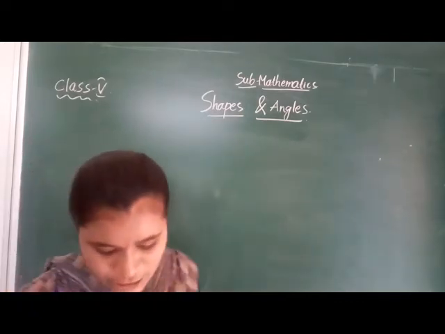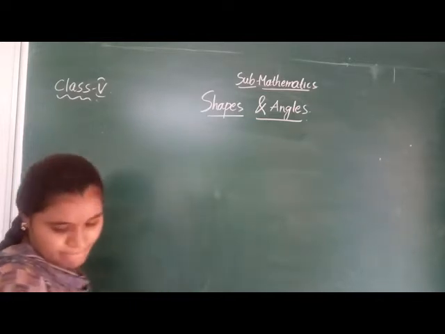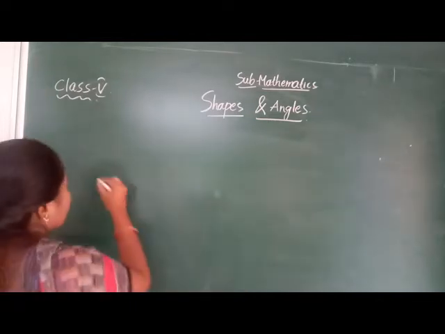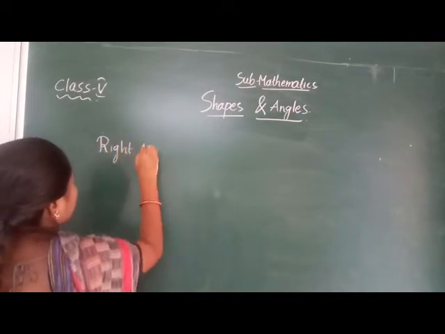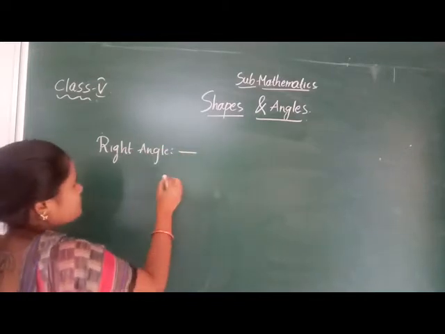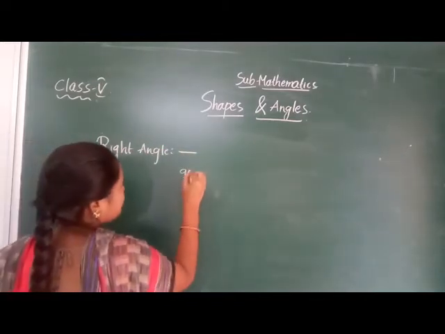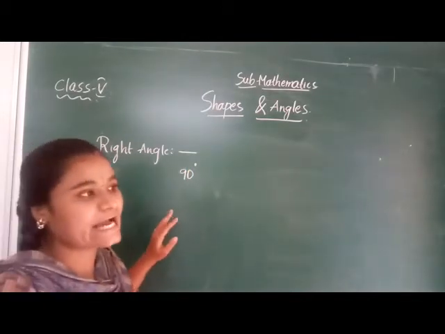First we will start with the right angle. Right angle means 90 degrees.